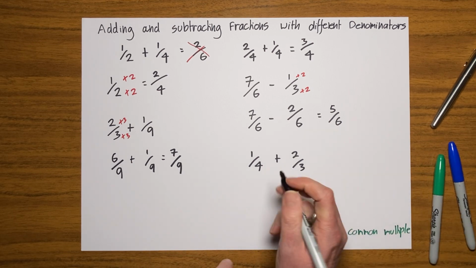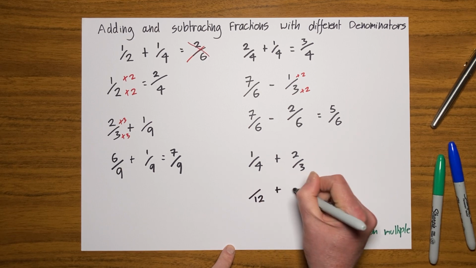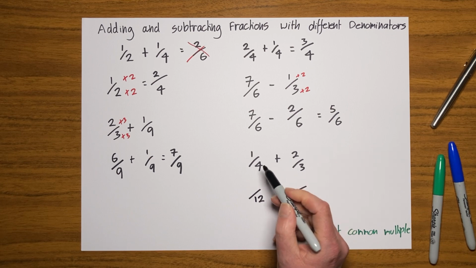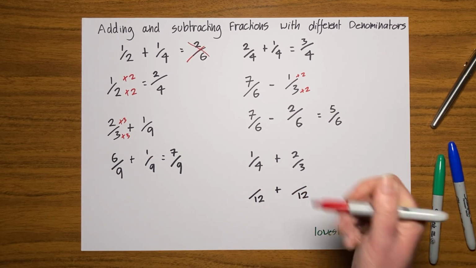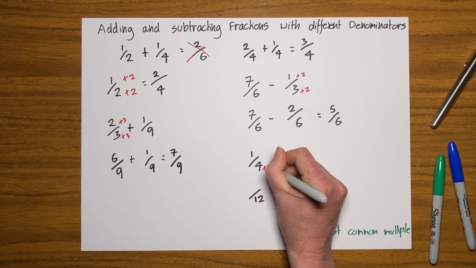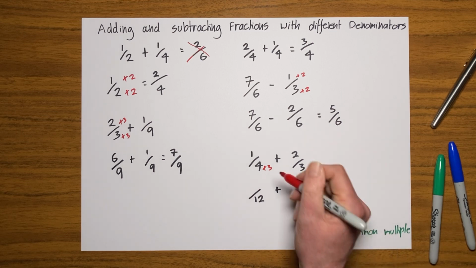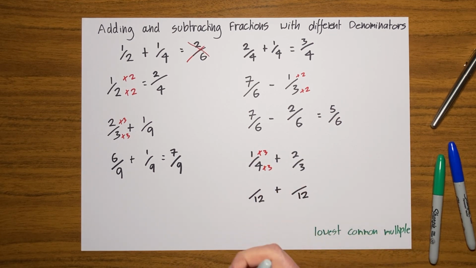And the answer is the 12 times table. And now I need to think to myself, how many 4s are there in 12? And the answer is 3. 4 times 3 is 12. So do the same to the top number and multiply that by 3. 1 times 3 is 3.